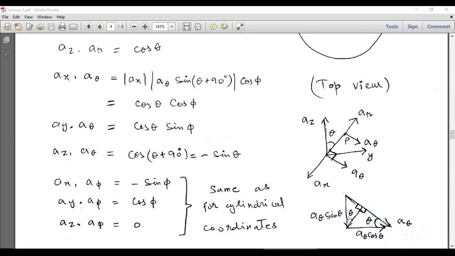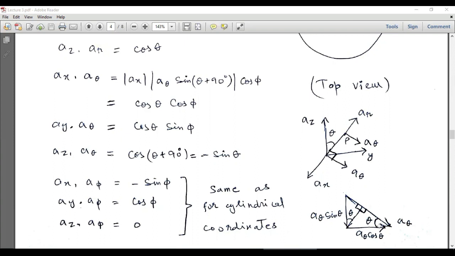So if this angle is theta, then this angle will also be equal to theta, right? So this is a_theta, and the component in front of this angle theta will be a_theta sine theta, and this component will be a_theta cos theta.